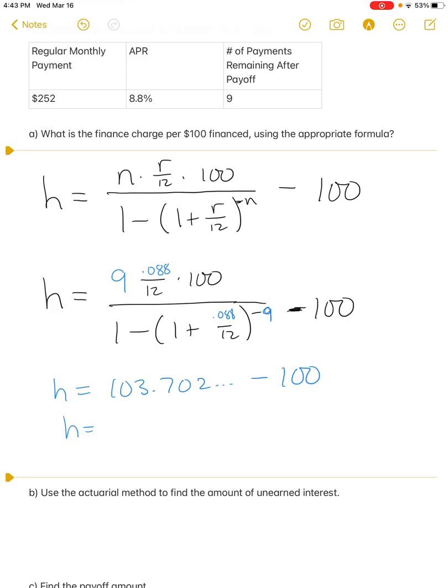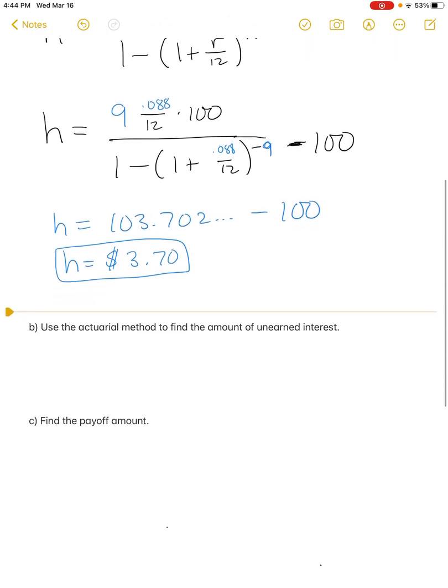So h is the finance charge per $100 financed. So it's a monetary amount. And so we're going to do natural rounding to the nearest cent. So if I subtract off the 100, I get 3.70. A 2 follows, so my h is 3.70. That's what comes out of that process.